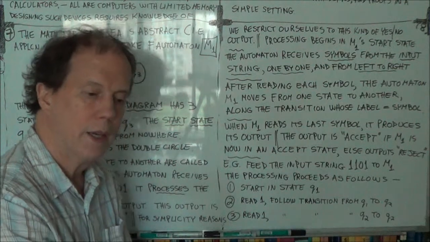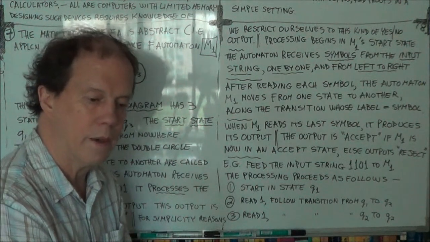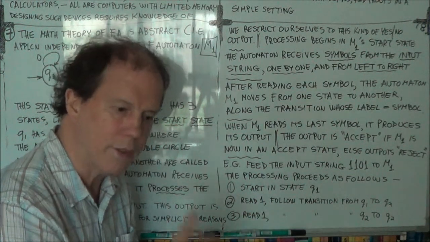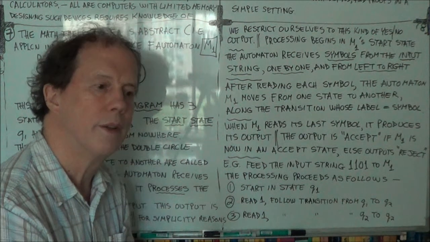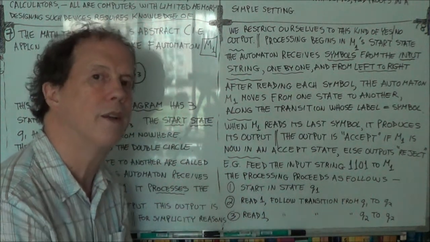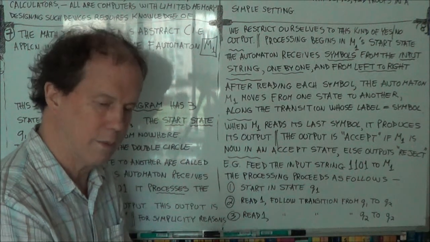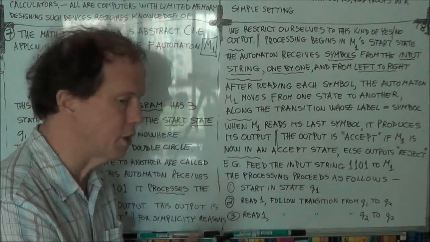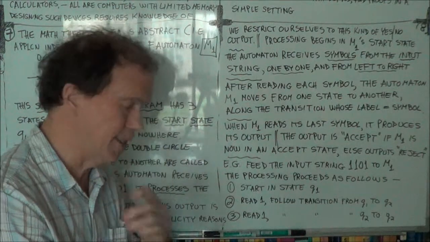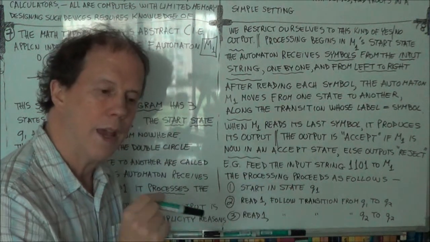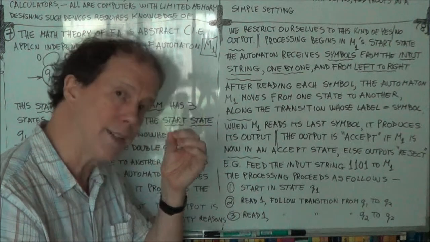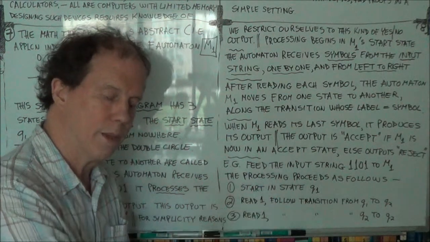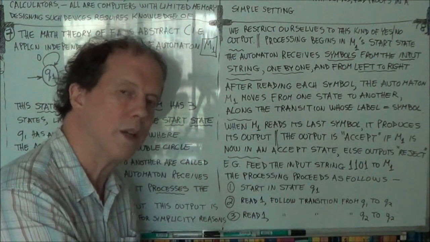An accept state is one, if it's a final state, that means after the complete input string has been read, after the last symbol in the string has been read, that state is called an accept state if the automaton outputs a decision that is accept. Right? So accept states, if they're the last state after reading the whole string, will output a decision accept.